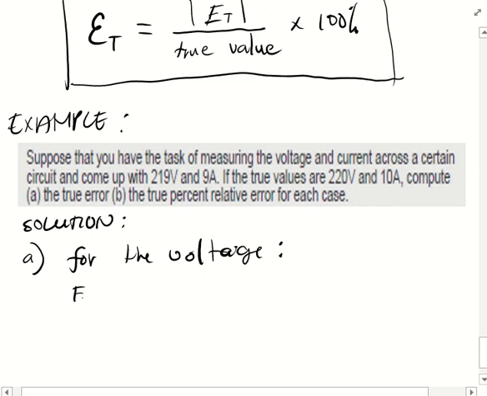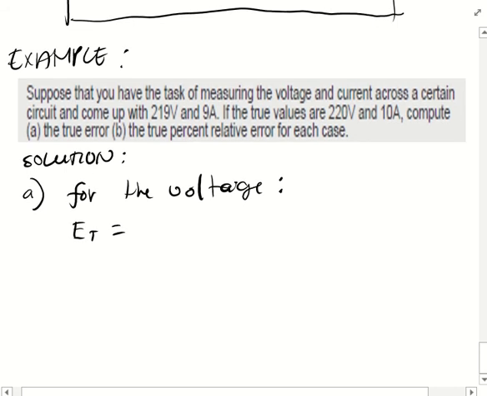So true error, again, this is equal to the true value minus the measured or the approximate value. So what's the true value? The true value is 220 volts. What's the measured or approximate value? It's just equal to 219 volts. So what will be the true error? It's just equal to 1 volt.